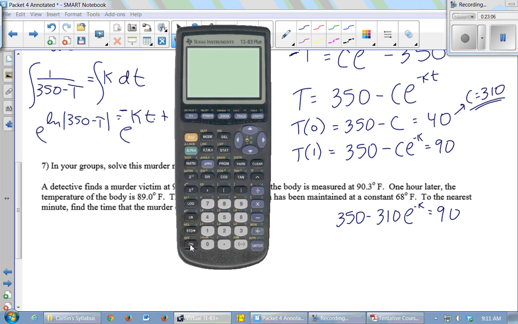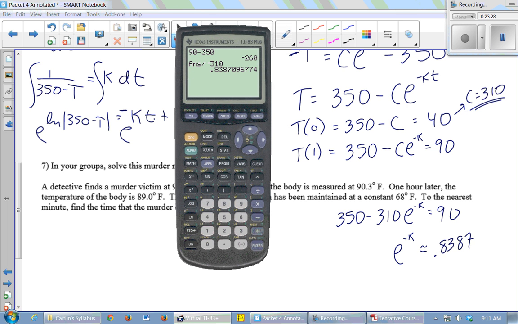I just want to isolate the e to the negative k. So I'm going to subtract 350 and then divide by negative 310. So I get e to the negative k is approximately 0.8387.